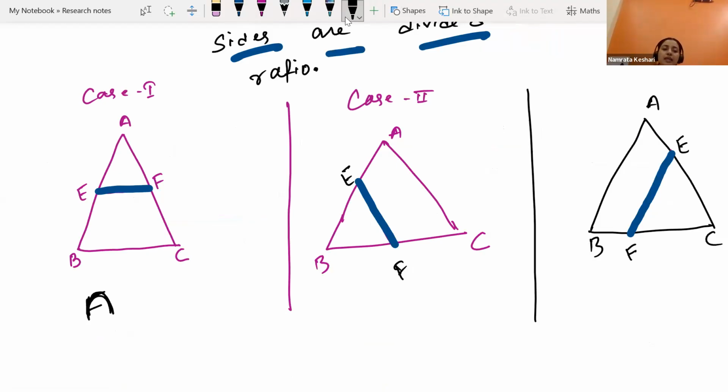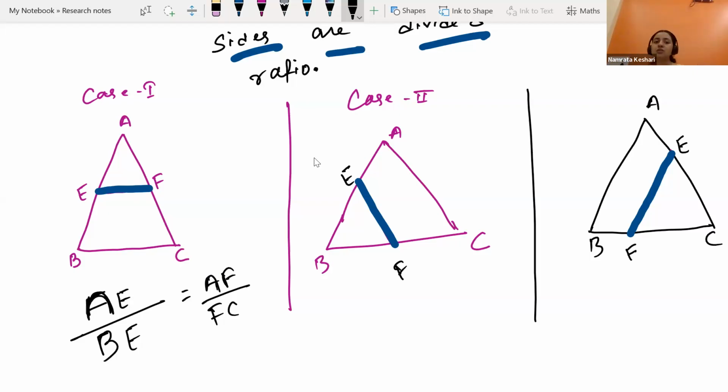That means AE by BE is equal to AF by FC. If you are having a triangle and you make a line parallel to one of the sides and that line intersects the other two sides, then at those points the other two sides are getting divided in equal ratio. That means AE by BE is equal to AF by FC.